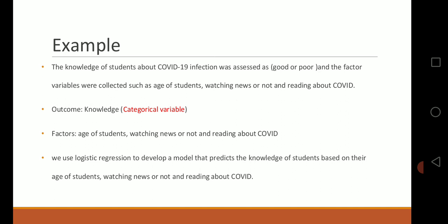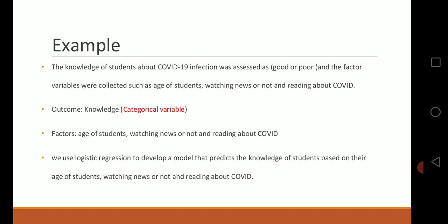So we want to predict the knowledge of students about COVID-19 infection from the factors above. Which test is the best to be used? Actually, as we said, when we want to predict or to assess the causes related to a specific outcome, this means it's a regression test. Okay. So which type of regression test?